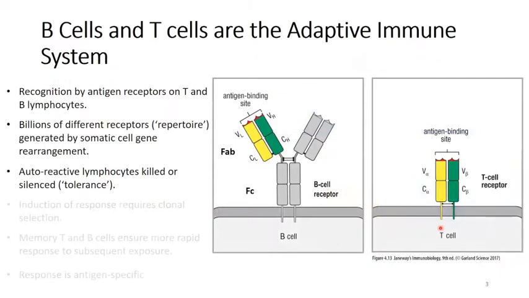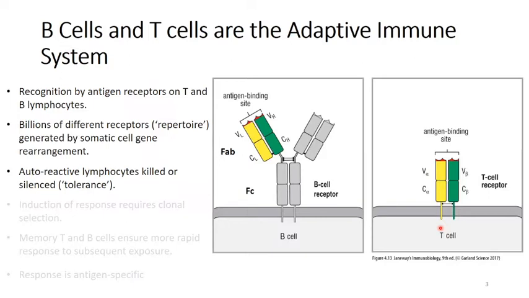Like I said, the T cells and the B cells are a hallmark of the adaptive immune system, and they're very different in the way they respond compared to the innate system. The recognition of foreign bodies and pathogens by the innate system is mediated by pattern recognition receptors. You remember those? Things like toll-like receptors.